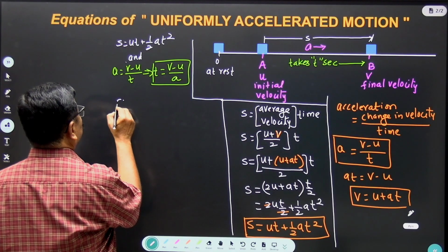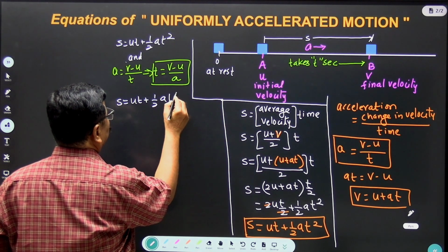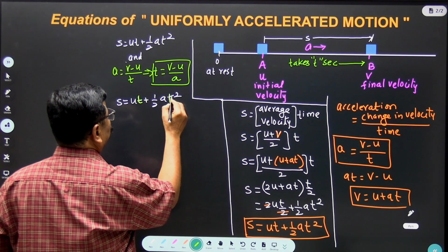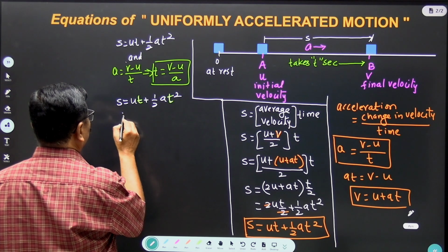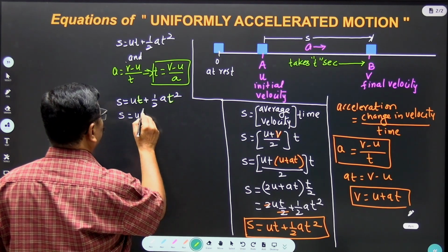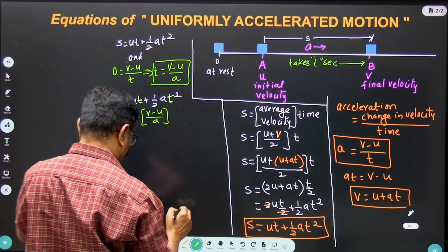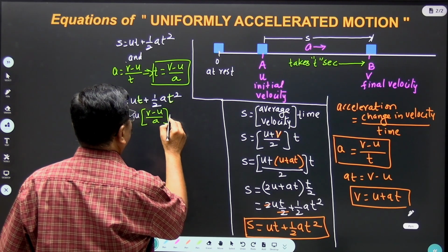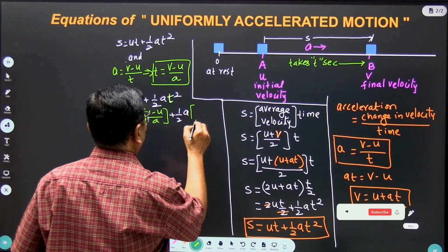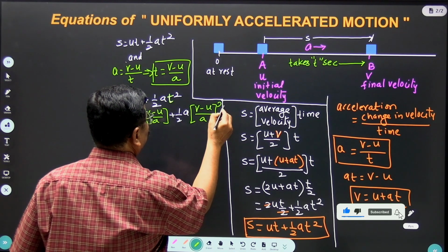So now s is equal to ut plus half at square. Now I will substitute for this t. So therefore s is equal to u into v minus u upon a plus half a into v minus u upon a the whole square.